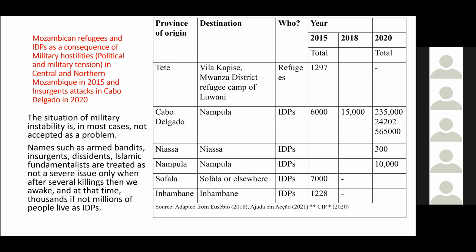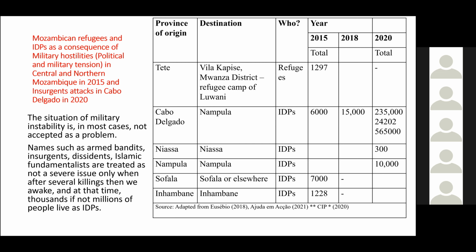In 2020, you can see here, they counted about 600,000 people living in a situation of IDPs. So this is what we see, that there are so many names that are given to that.